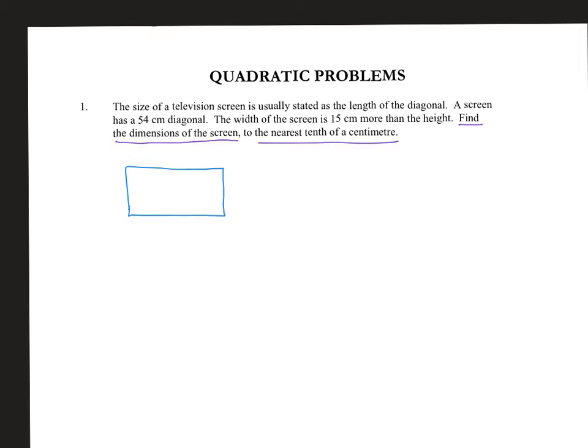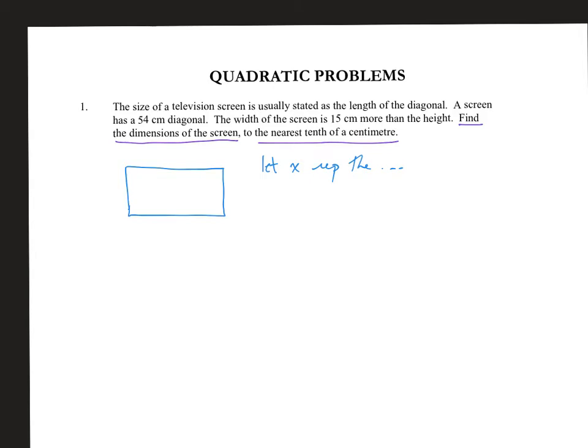If you're going to use a variable, we have to define that variable. One of those options would be to say let x represent something. But because this is a measurement problem, drawing a fully and properly labeled diagram does just as good.